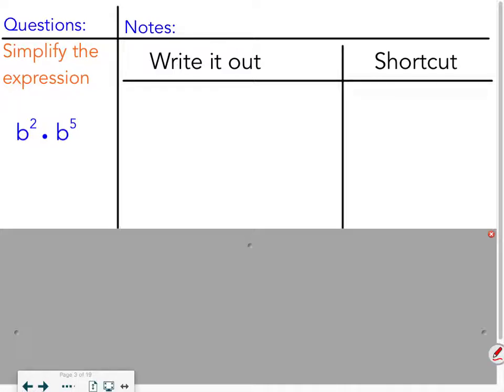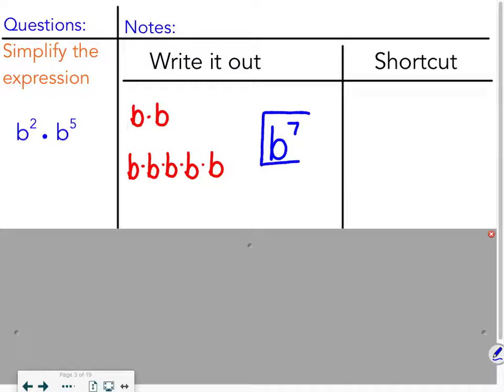Okay, so b squared times b to the fifth. B squared is just b times b, and then b to the fifth would be writing it out 5 times. Then all you have to do is count how many b's we have. Well, we have 7, so b to the 7th is our answer.